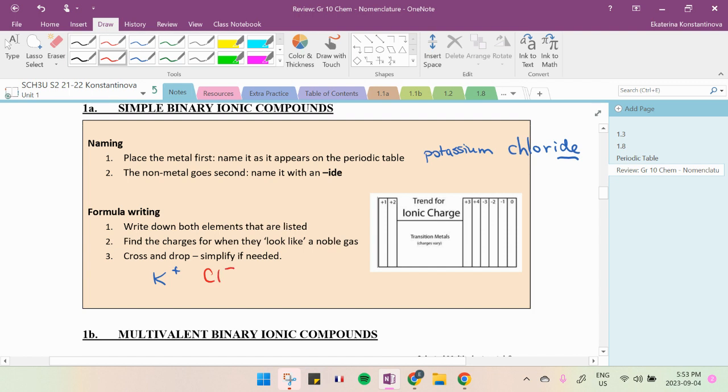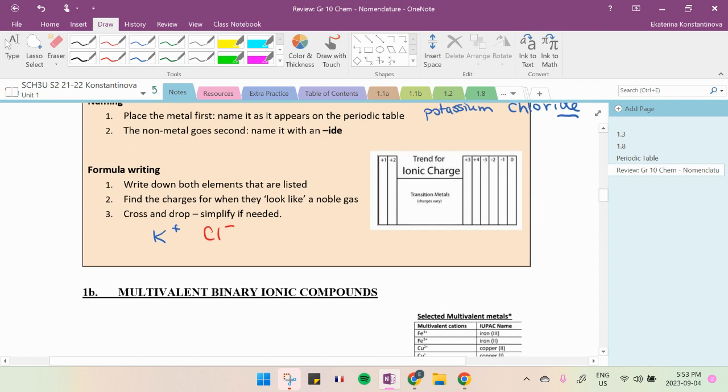Once you find the charges, by how many electrons it will have to lose or gain to have a full outer shell and resemble the nearest noble gas, you are going to cross and drop your charges. So in this case, when I crisscross my charge of 1 plus and 1 minus, I simply get the formula KCl.